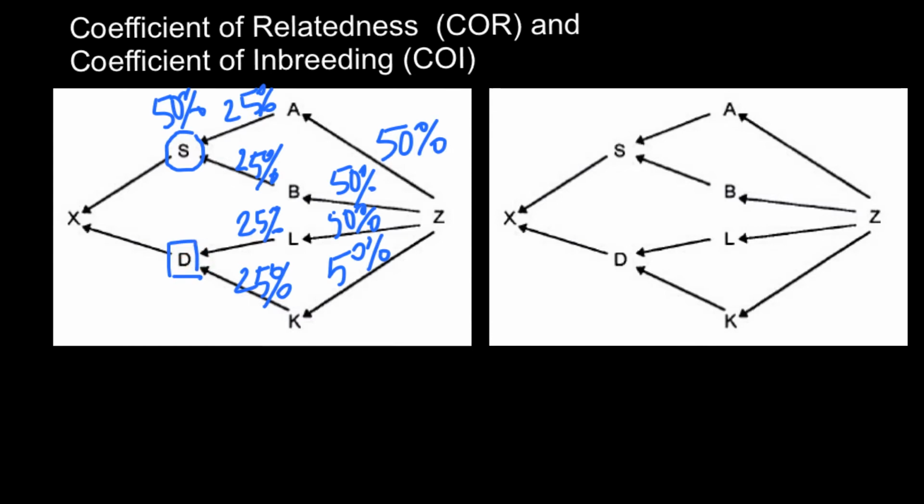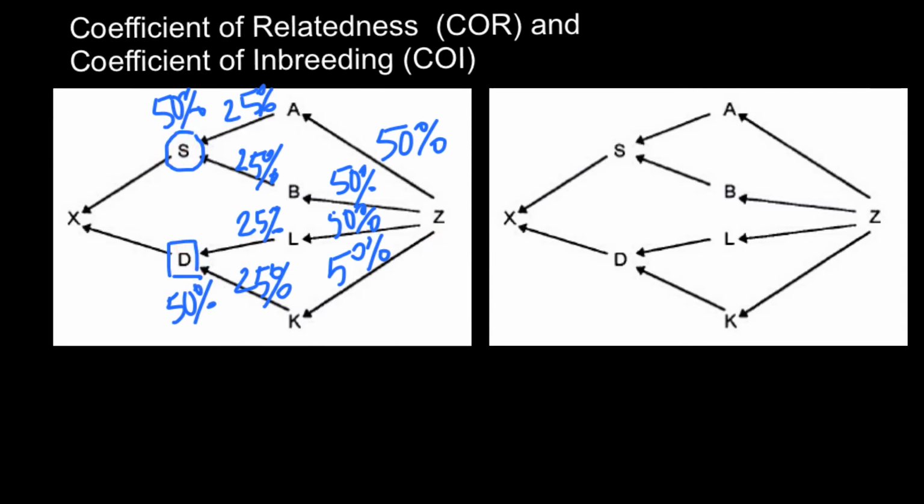So this individual also would be related to its grandparent by 50%. So 50% of the genes this individual will receive from individual Z, because individual D, despite being a grandchild, has only 2 grandparents, not 4 grandparents.